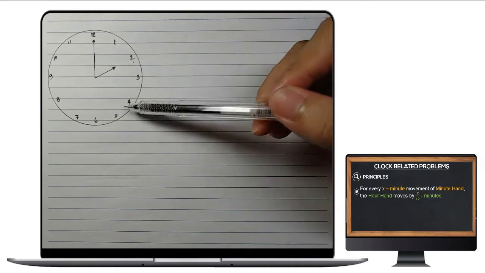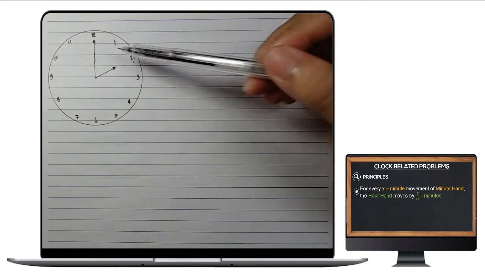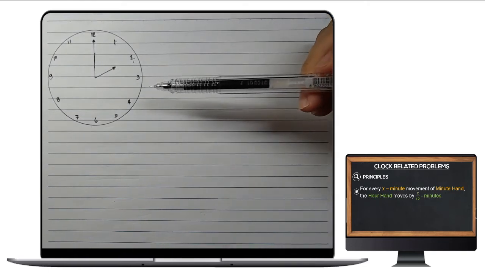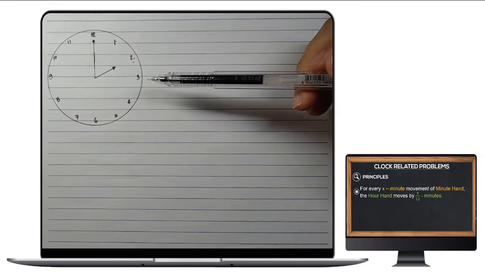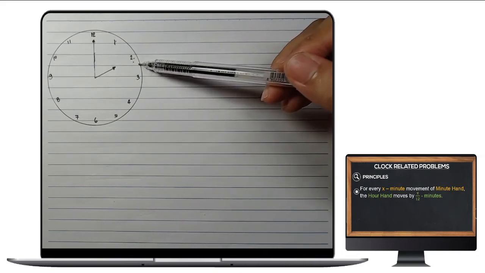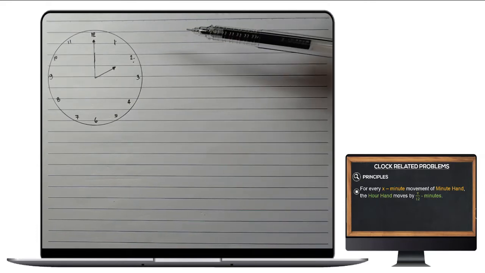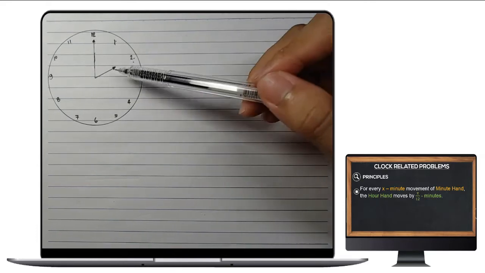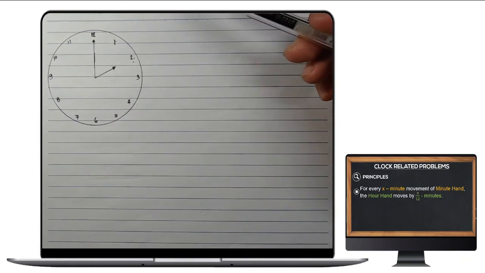So, after one complete revolution, since it is 60 minutes for the minute hand, the hour hand will move by 60 divided by 12 minutes. So, that is simply, the hour hand will simply move by 5 minutes. So, after 5 minutes, 5-minute movement yung distance between these two. So, gagalaw na yung hour hand, punta na siya sa 3 o'clock mark. So, which is equivalent. So, from 2 o'clock after 60 minutes, we will surely be at 3 o'clock mark.